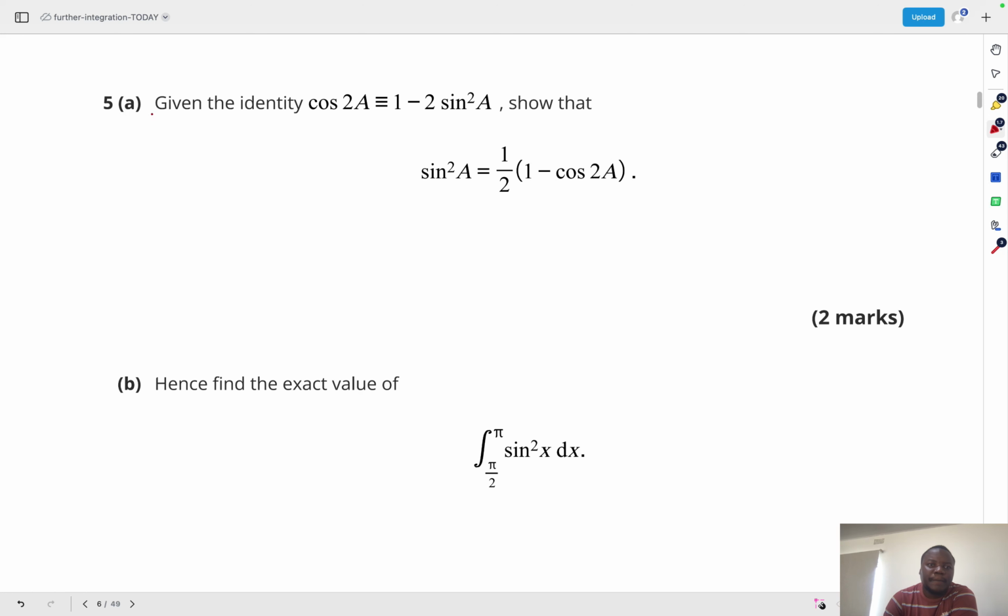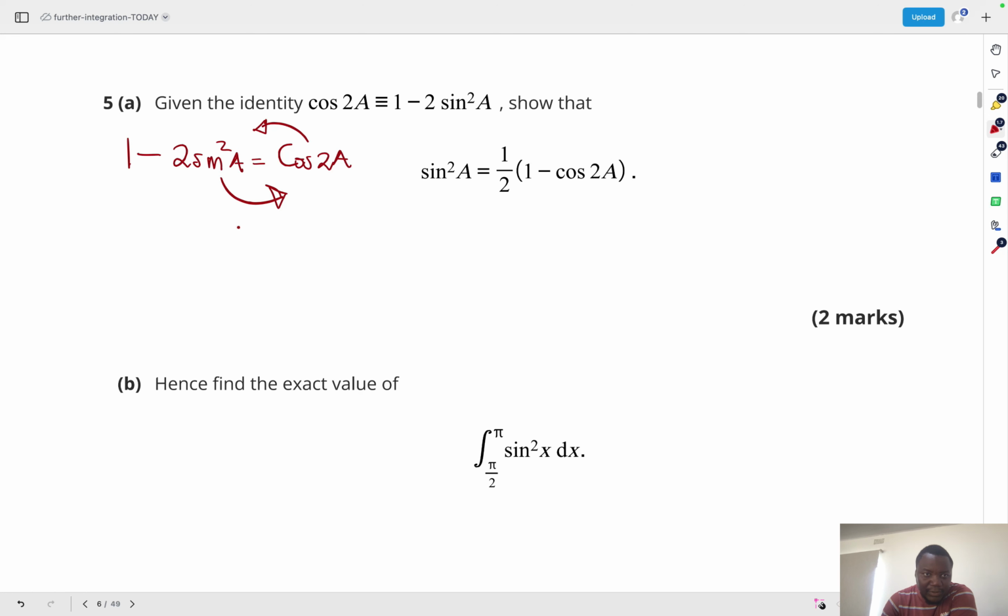I'll first start by writing the left hand side and say 1 minus 2 sine squared a is equal to cos 2a. Now in this case, I'm going to transpose these. I will transpose the sine and the cos 2a.